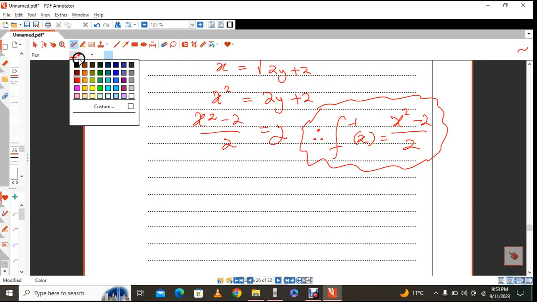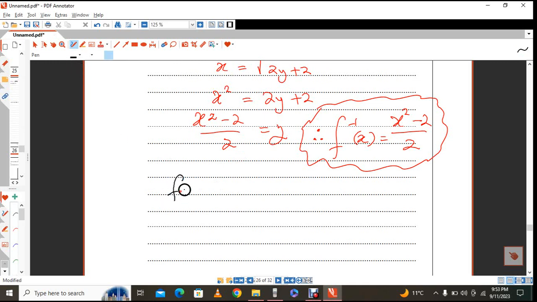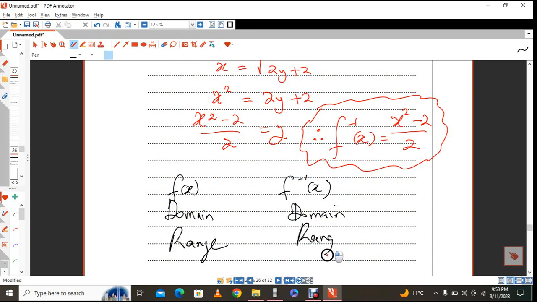So if you have a function f of x, and then you have its inverse, here you have the domain, here you have the range. So the domain of the function is going to be the range of the inverse.